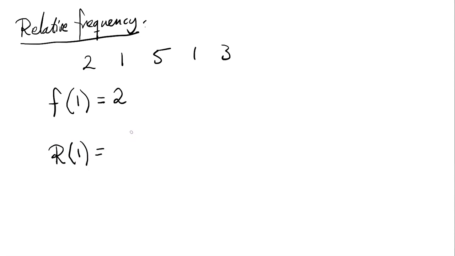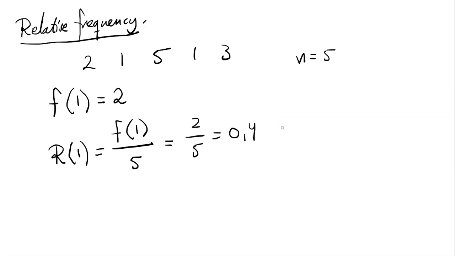Per definition, the relative frequency is how many times I've gotten 1, that is the frequency of 1, divided by the total number of data in the data set. And here, the total number of data in the data set is 5, since n equals 5. So this is equal to 2/5, so 0.4, or if you like, 40%. So the relative frequency of ones in the data set is 40%. That means that 40% of the data in the data set are ones.